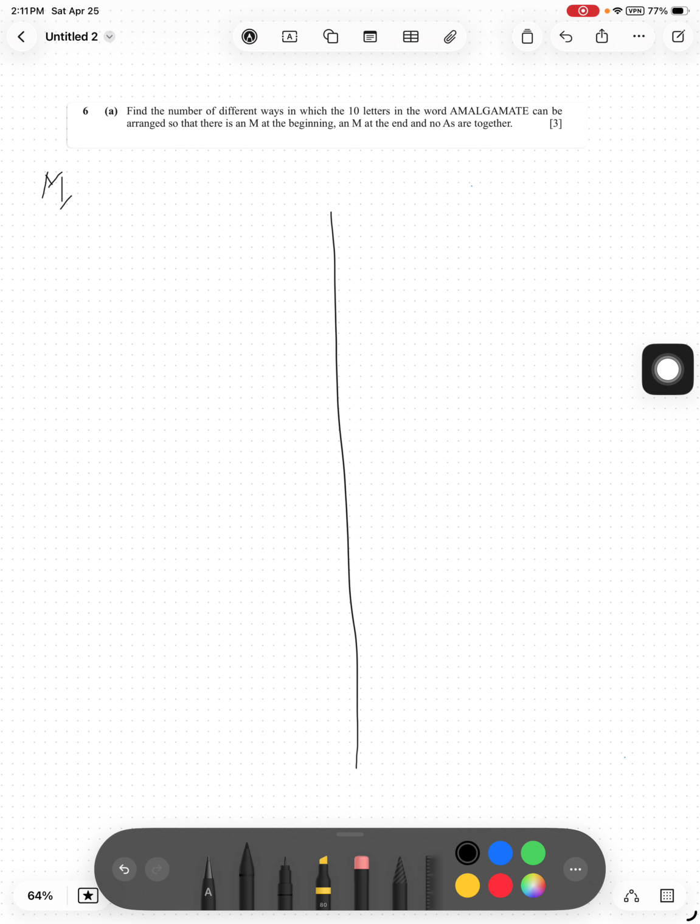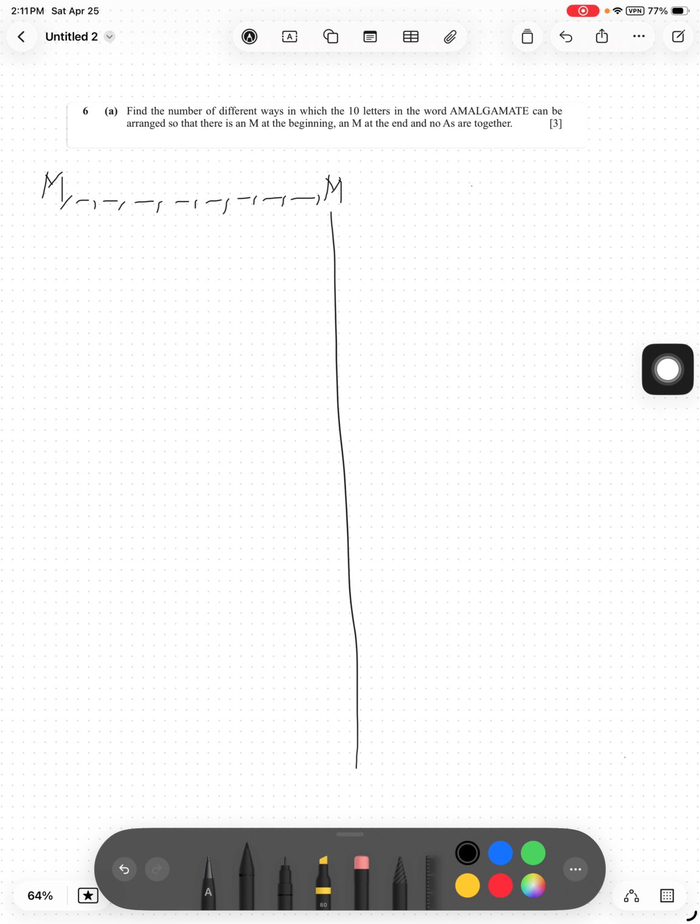So looking at the fact that we have 10 letters, if we have an M at the beginning and an M at the end, we are going to have 8 positions left in between them, right? So let's do that right here. 1, 2, 3, 4, 5, 6, 7, 8, then our M, right?